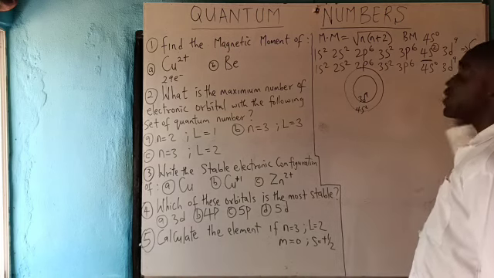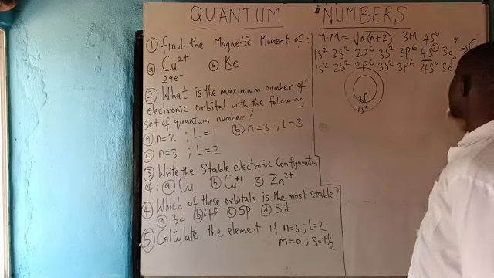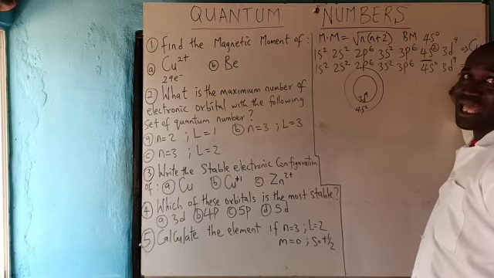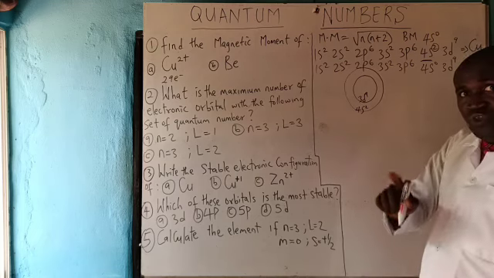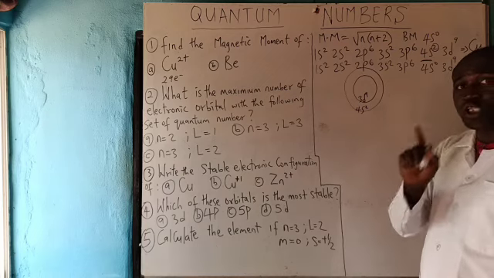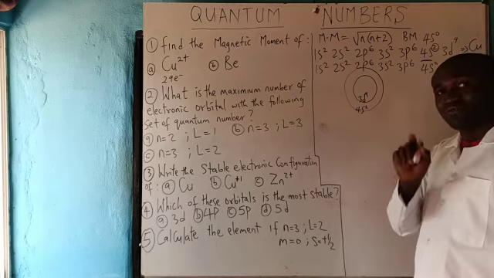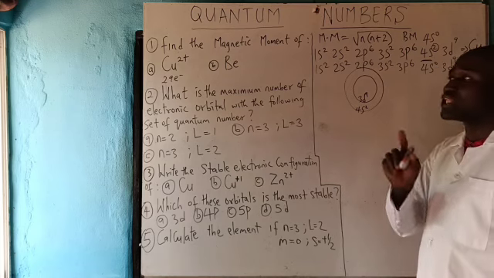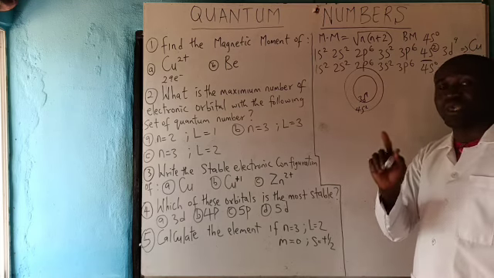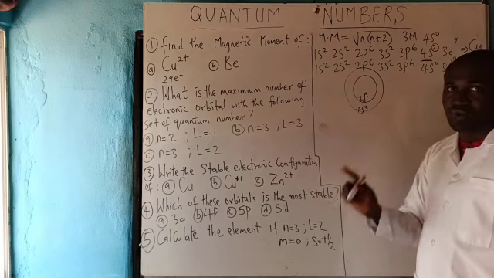As it is like this, it is unstable, because this d orbital is not half filled or fully filled. Remember we said when the d orbital is half filled or fully filled, the electron configuration is noted to be a stable electron configuration.